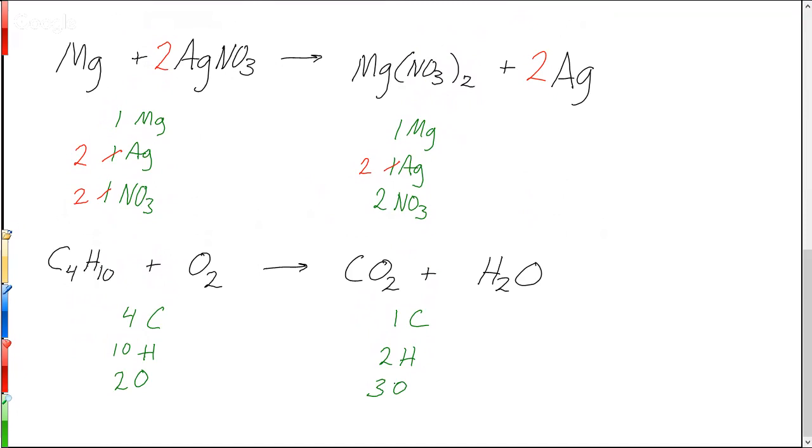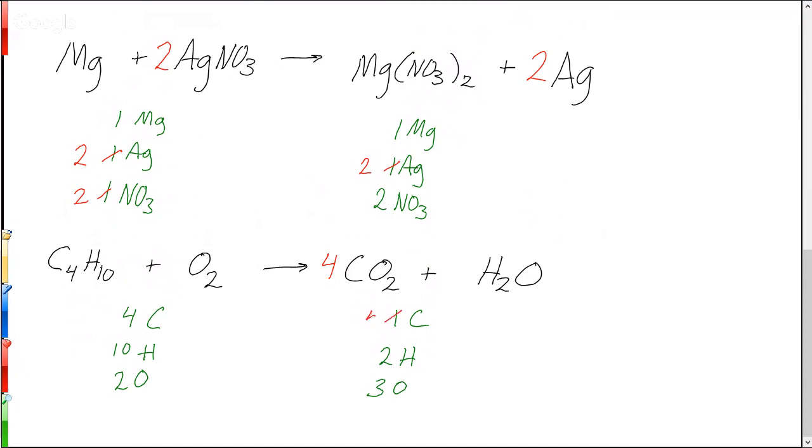It doesn't matter if we start with the C or the H. Let's start with the C because we wrote that first. We've got 4 on the left, 1 on the right. We need to bring those into balance so that there's 4 on each side. If we put a 4 here, now we recalculate our amounts.